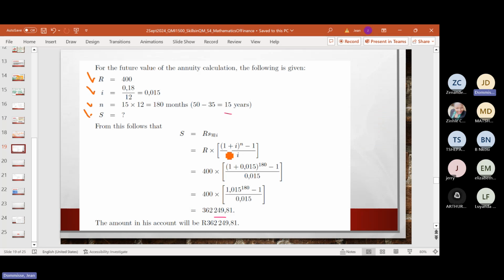So there it is. That's your monthly payment times (I plus 1) to the power of n minus 1, over I. That is the formula that you will use.